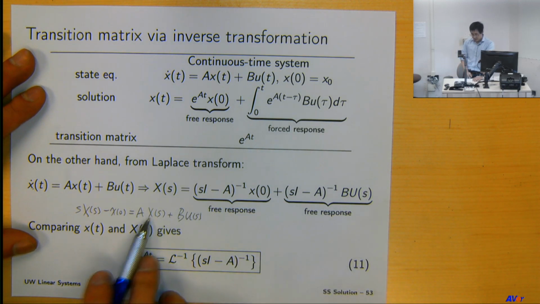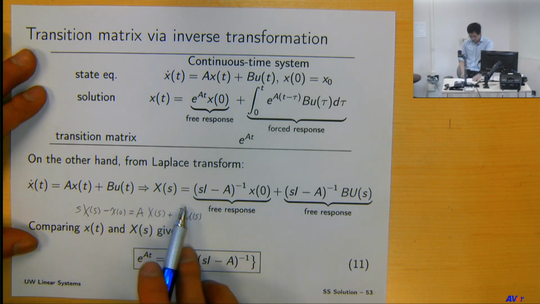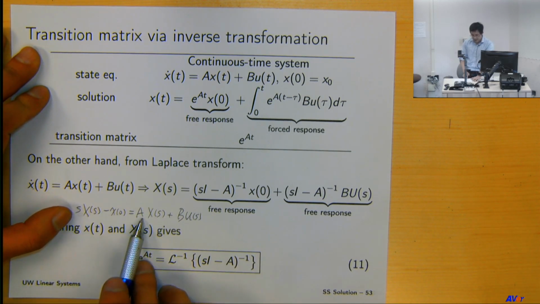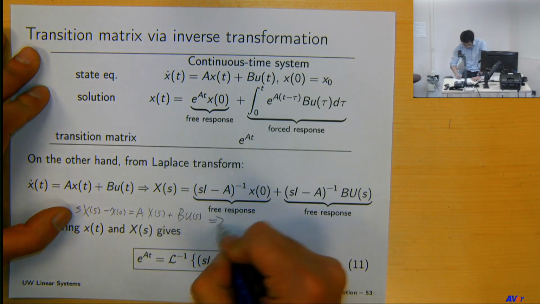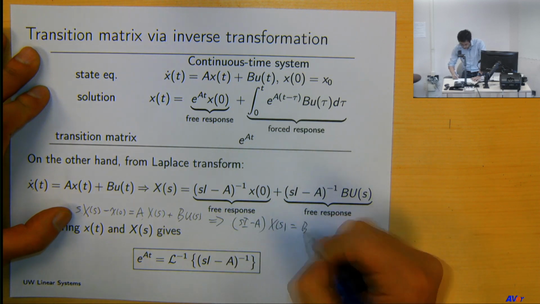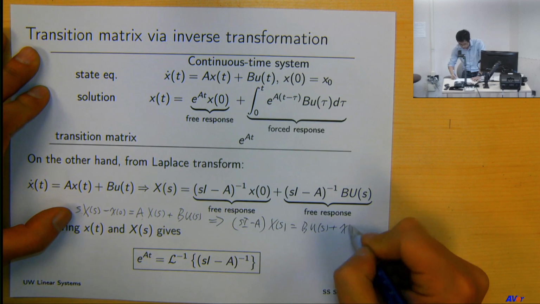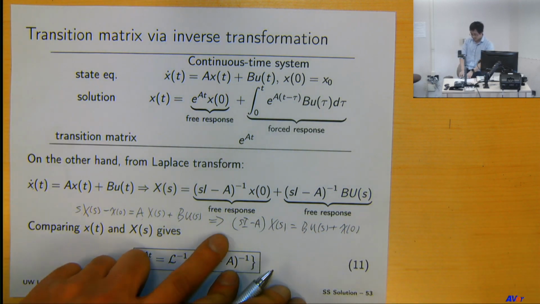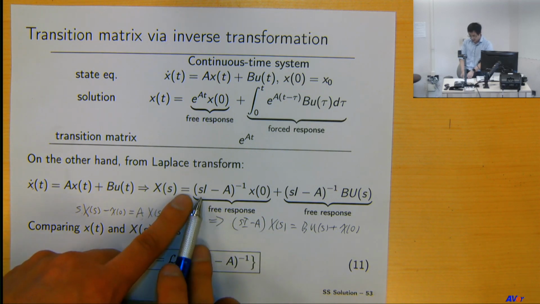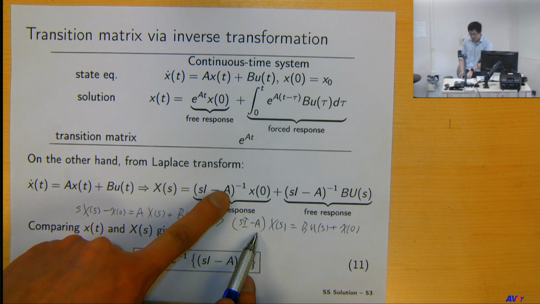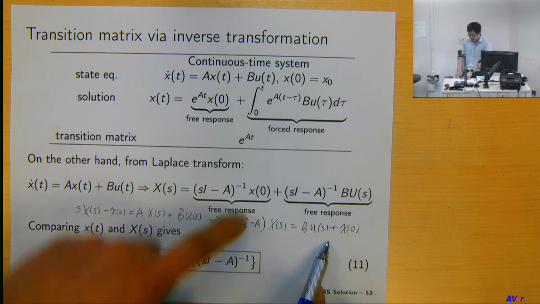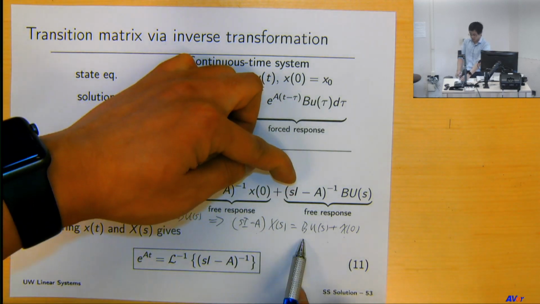So I can obtain capital X(s) by moving terms a little bit. (sI minus A) X(s) equals BU(s) plus x(0). So the Laplace transform X(s) is going to be (sI minus A) inverse times x0 plus (sI minus A) inverse times BU.